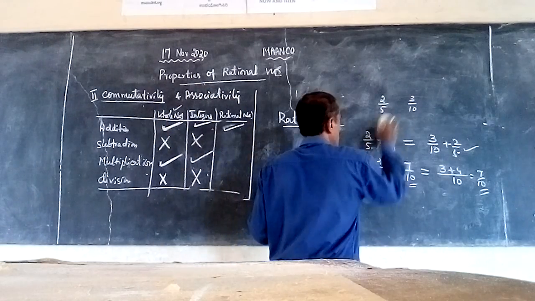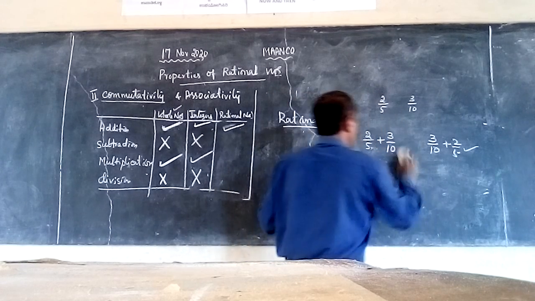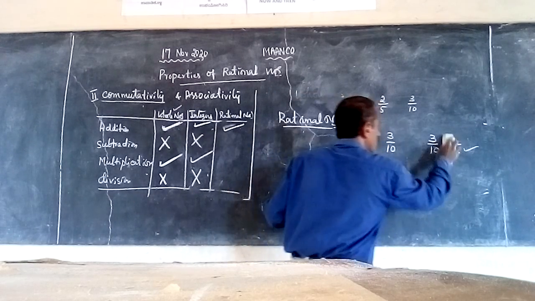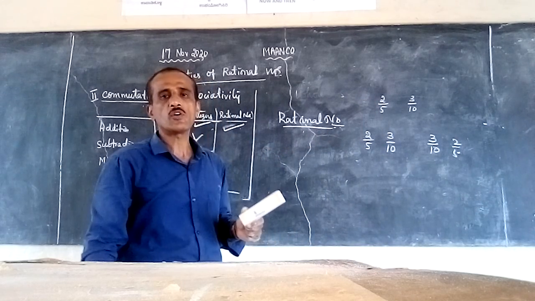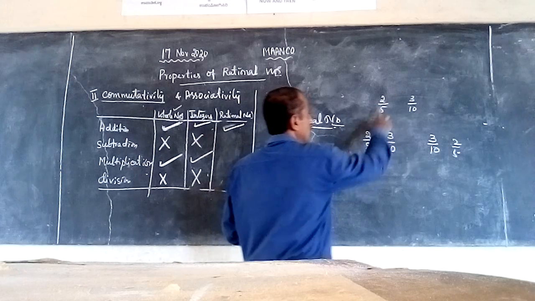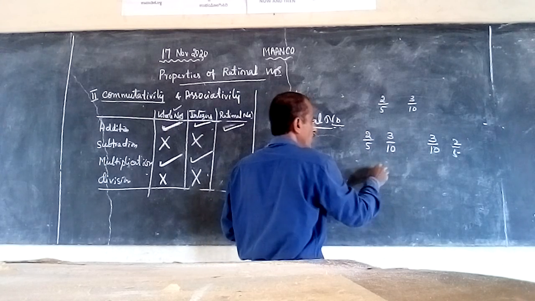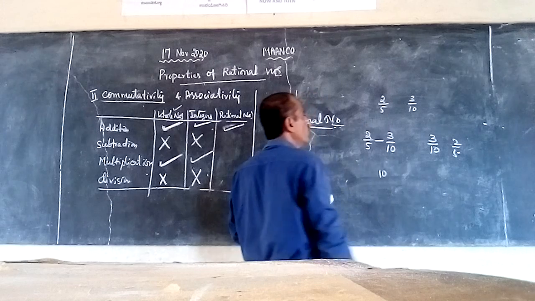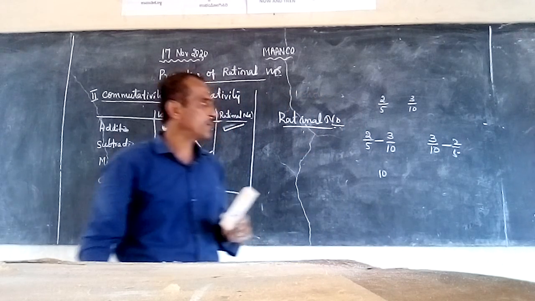Next, subtraction. Let us take the same rational numbers. What about subtraction? Whether it is true or not. Let us check. For addition, A plus B is equal to B plus A. Let us consider A as 2 by 5 and B as 3 by 10. Now, what about the subtraction? 2 by 5 minus 3 by 10 is equal to 3 by 10 minus 2 by 5.